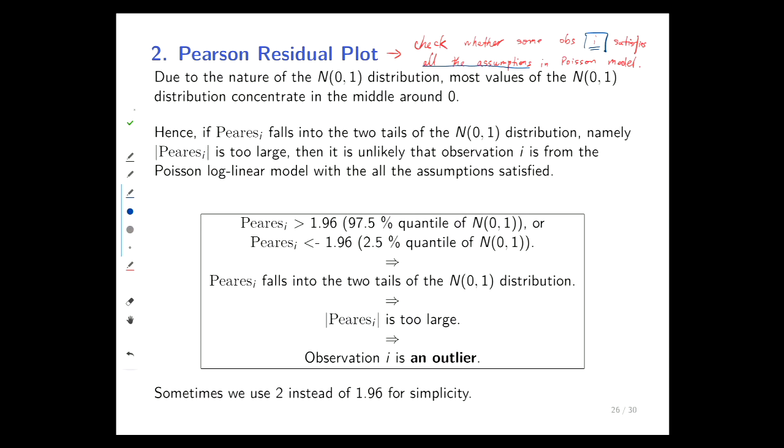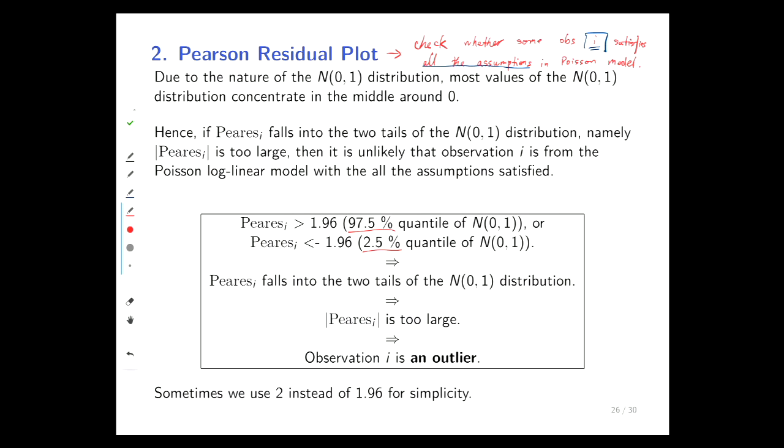And you can have a look if the Pearson residual is larger than the 97.5% quantile or smaller than the 2.5% quantile of the standard normal distribution. In that case, this Pearson residual falls into the 2 tails of the normal distribution, but the normal distribution concentrates in the middle.